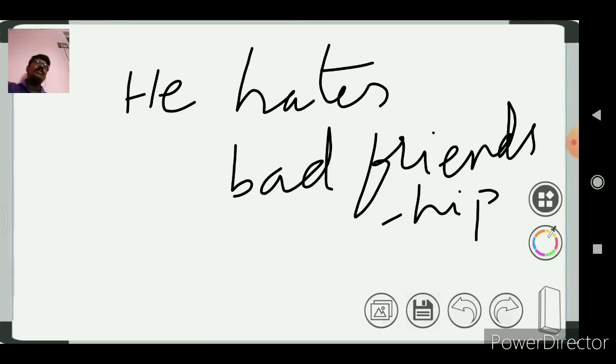What is the verb here? Exactly, hates is the verb. H-E-A-T-S. Is this the main verb or the auxiliary verb? Main verb. Very good. Whether it is the action word or the stative verb? Hate. Action word or the stative verb? Exactly, it is the stative verb. Good.